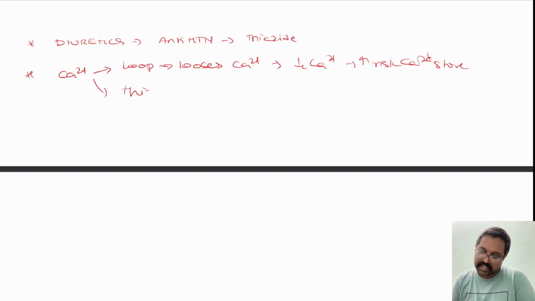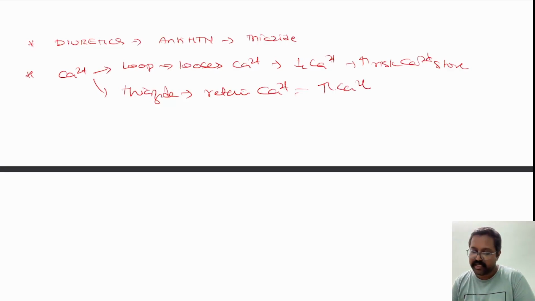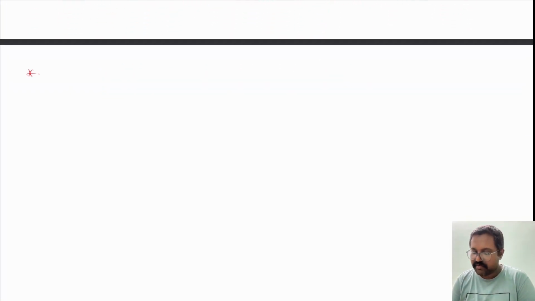Whereas thiazide will retain calcium and cause hypercalcemia. Apart from that, you have the potassium sparing diuretics.